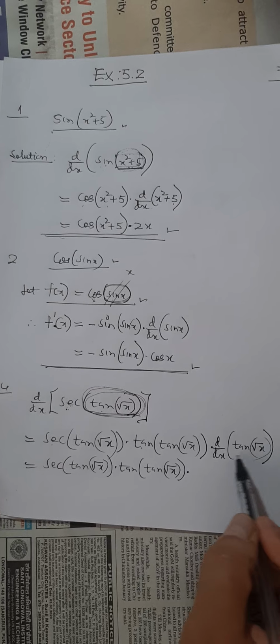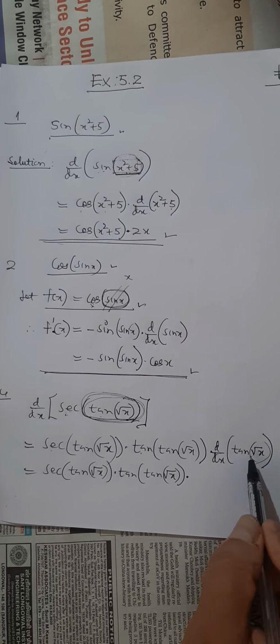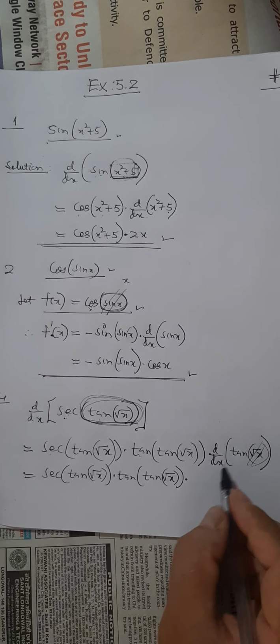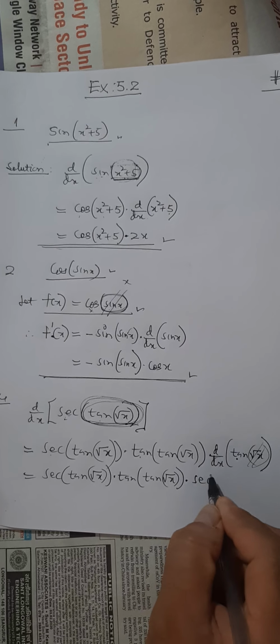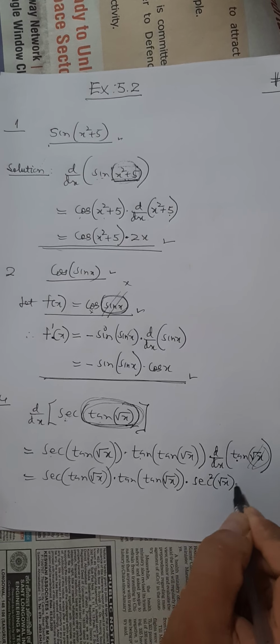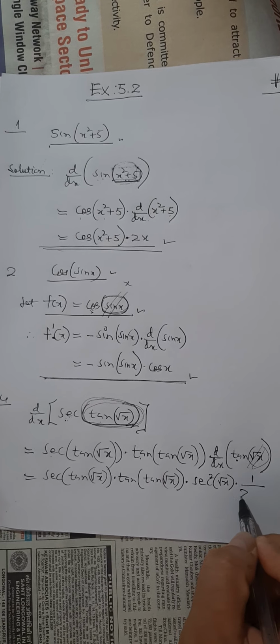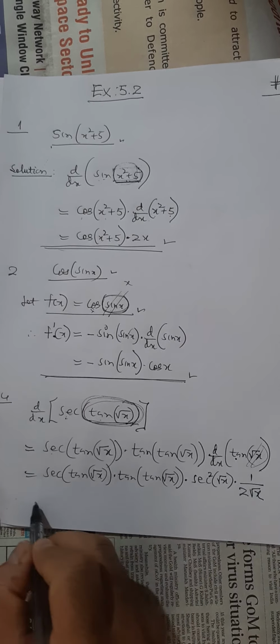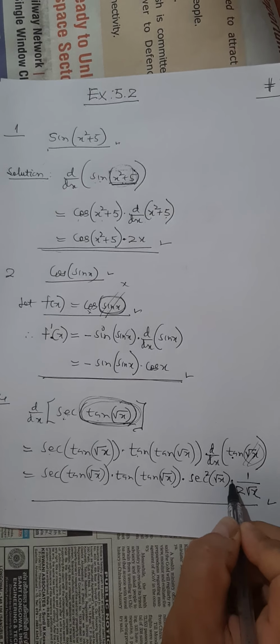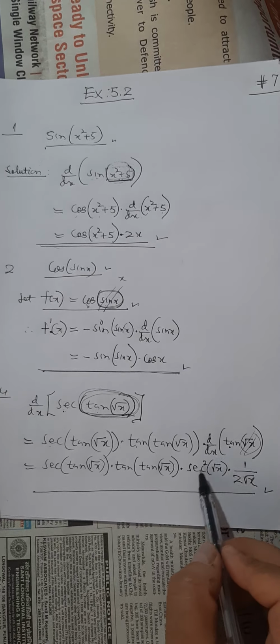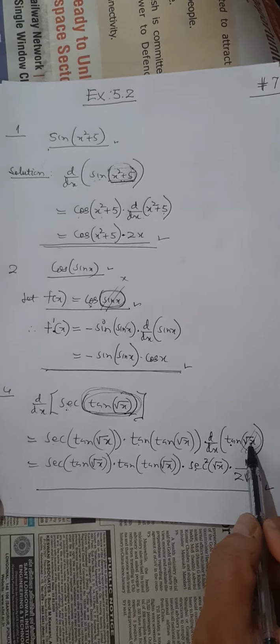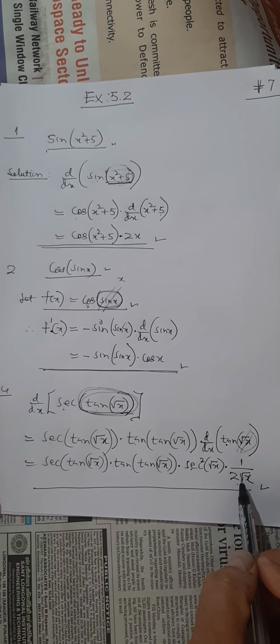Now we differentiate this. So we imagine this as x. Derivative of tan, what is that? Sec square, inner root as it is, into derivative of root x. Now directly I'm writing 1 upon 2 root x. So this is your final derivative, remember.